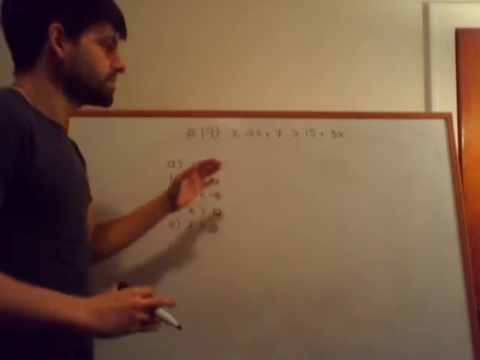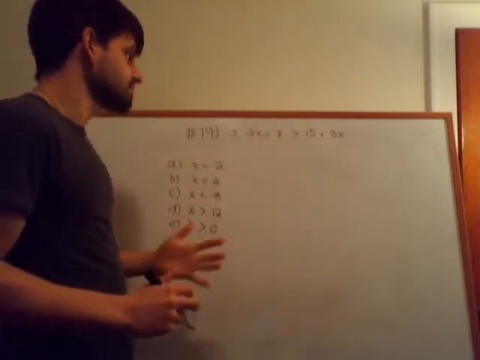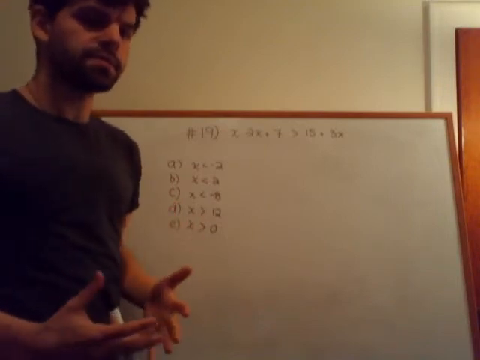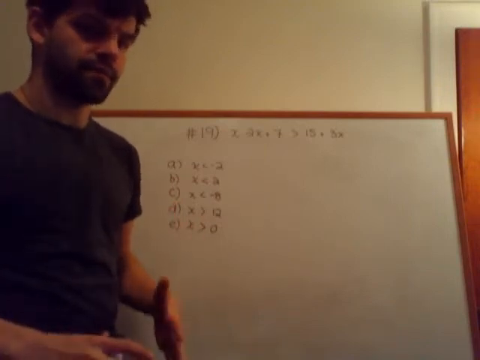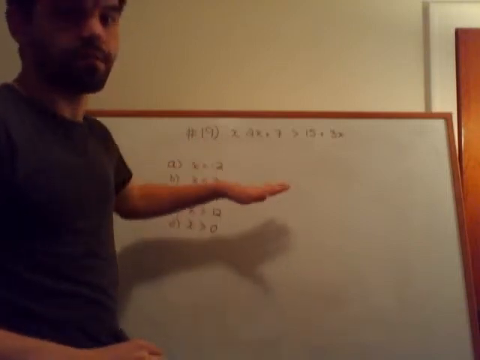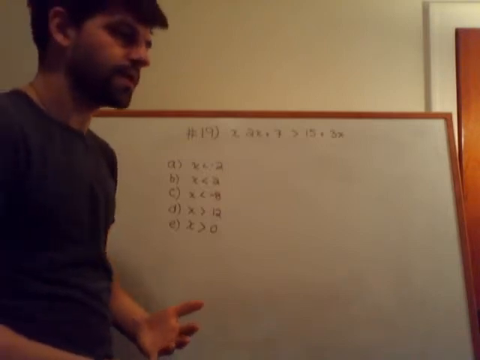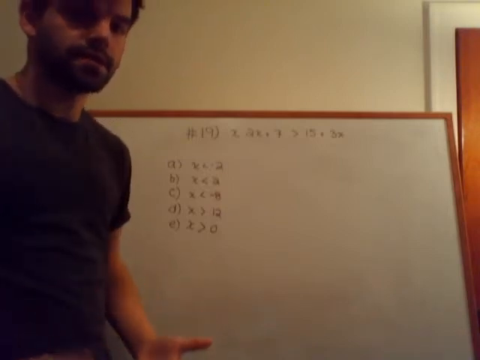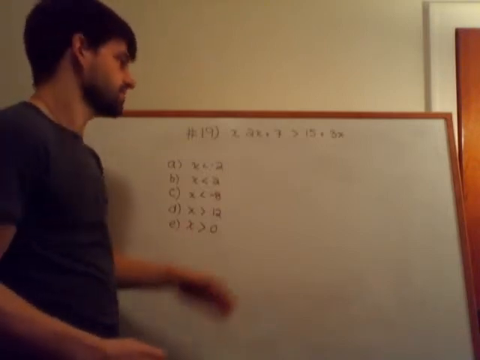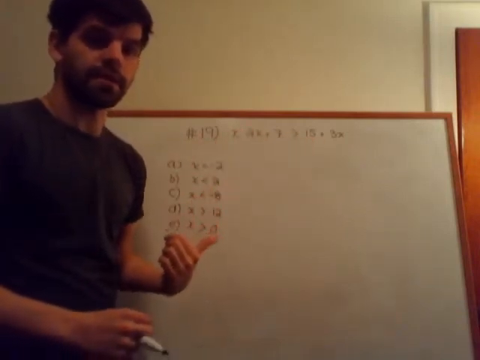Again, we can choose which side to have x on, but it helps to avoid negatives if you can. And the reason I refer to that is our example from the last question where we have to divide by a negative and flip the inequality. It's not that that's hard or tedious, it's just an extra step that you can possibly avoid if you dodge negatives in the early beginning.